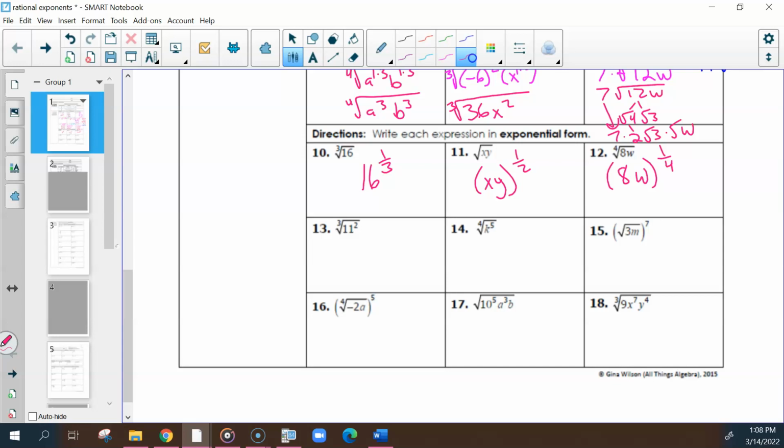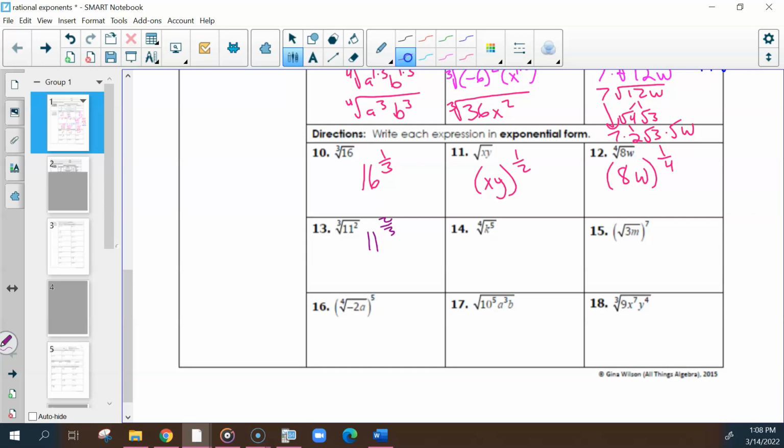I just realized that all of those didn't have a number in the numerator, so we'll do a couple of those. So 13, the cube root of 11 squared would be 11 to the power of 2/3. Whatever number exponent is inside, that would become your number in the top, in your numerator.